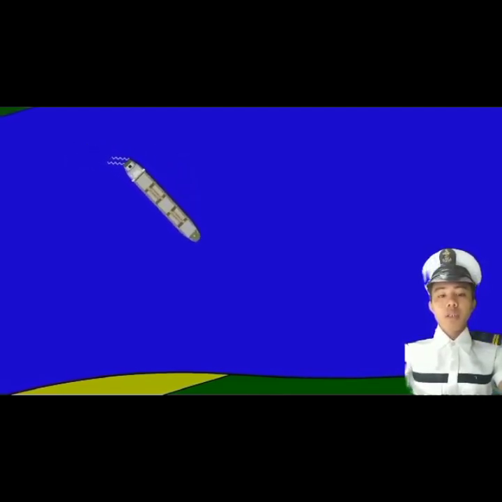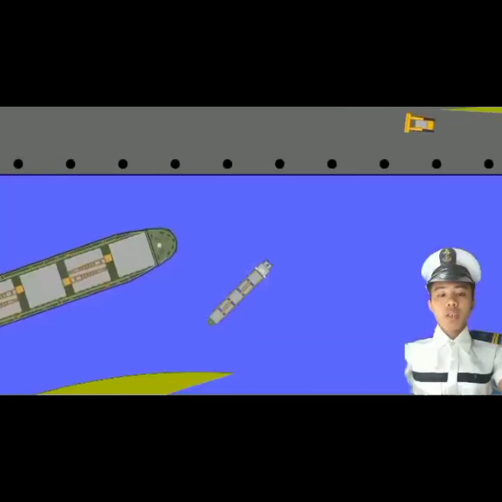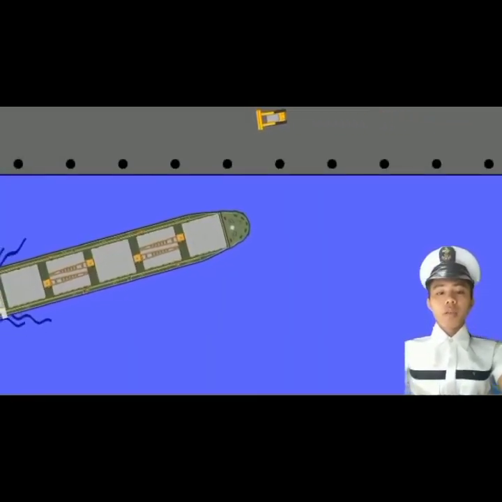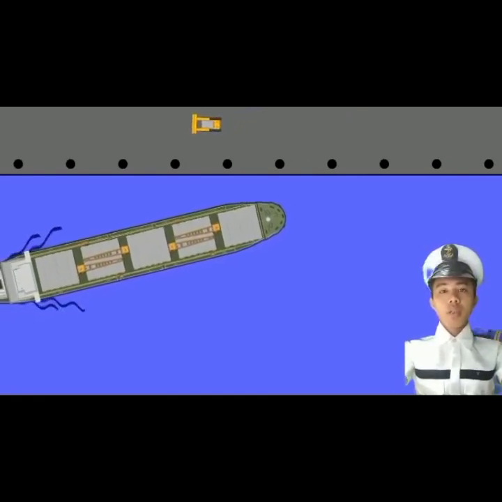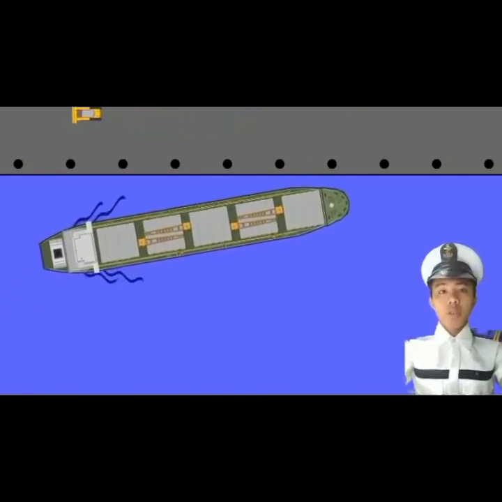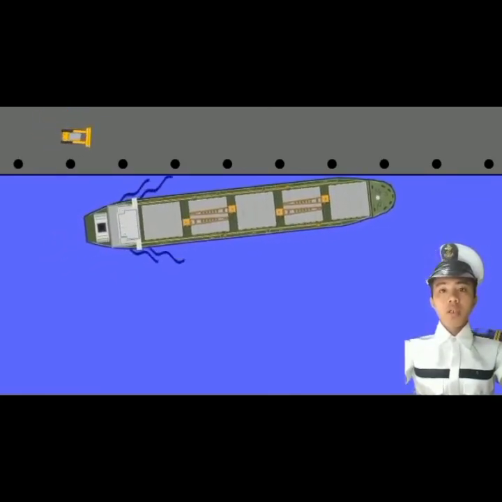It is essential for a master to understand just how much effect transverse thrust has on his particular ship. You must hold the transverse thrust at steady speed astern to maintain the desired heading and counter the transverse thrust.